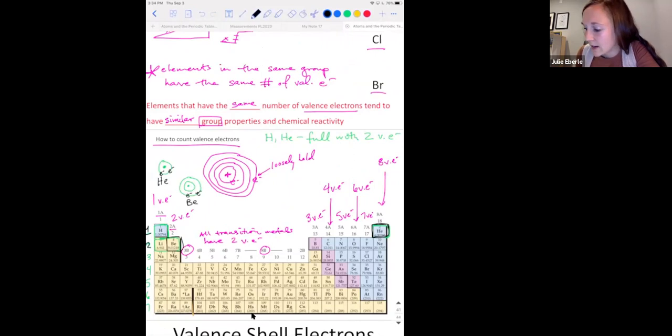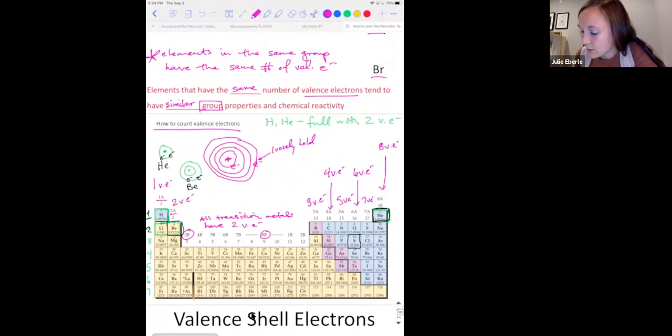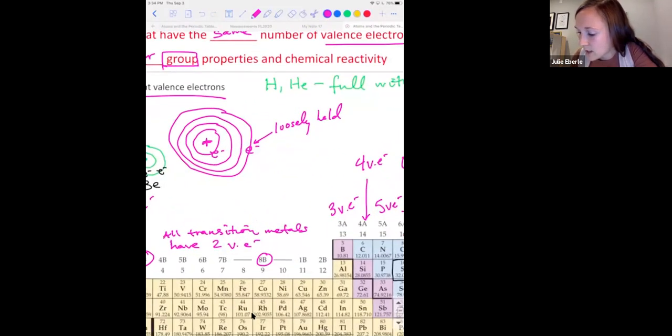If I want to draw a picture of sulfur, let's draw a picture of sulfur with the circles and the electrons. Go back to pink for a second. We see that sulfur is on row 3, and so that means sulfur is going to have 3 energy shells around its nucleus. 1, 2, 3.